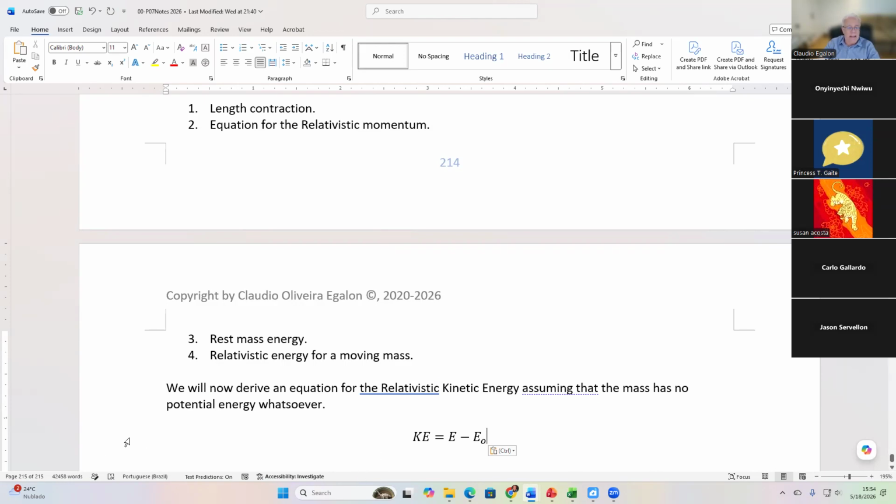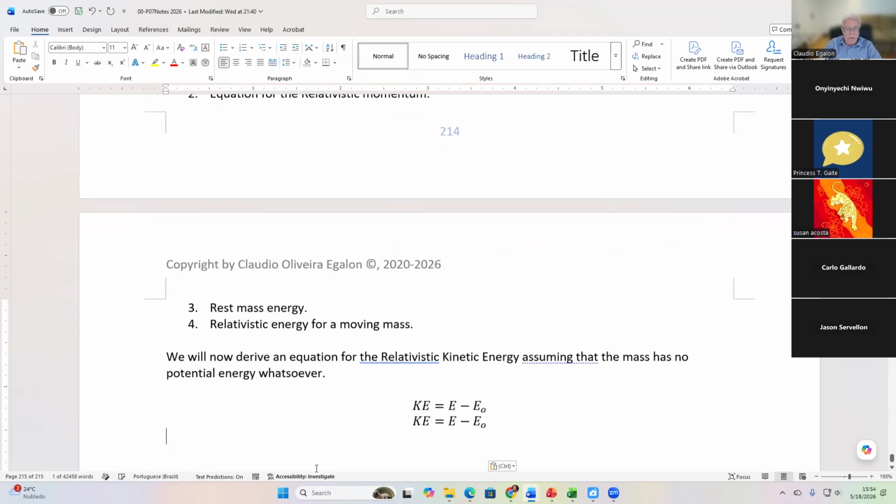And then in the next step, we use our equations that we found out before. Gamma mc squared, and we get mc squared as well, right in here. And we can put mc squared in evidence.